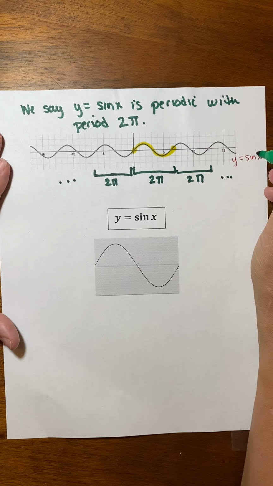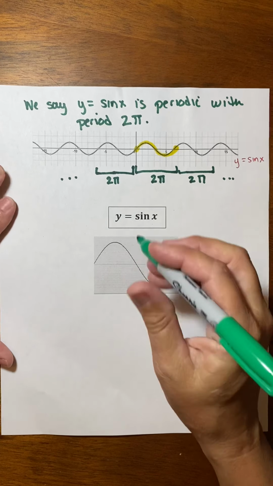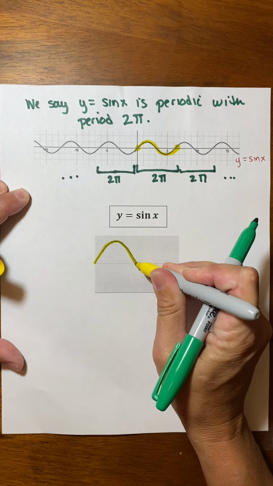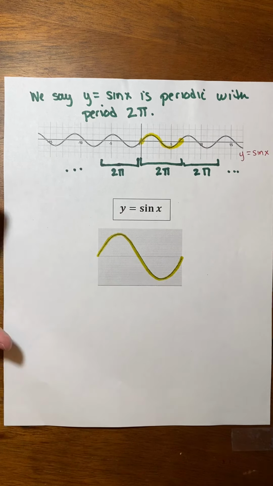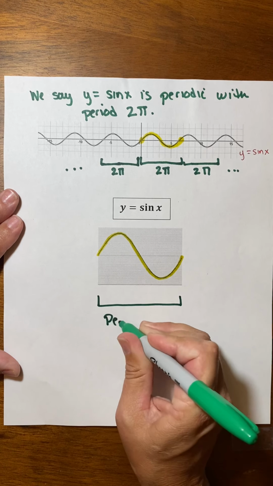How high and how low it goes is called the amplitude. So let's be careful here. Let's look at just one sine wave. One wave of the sine curve looks like this, and this is the shape that's going to repeat itself infinitely. Periodic with period 2 pi.